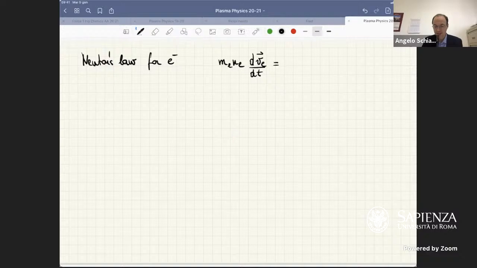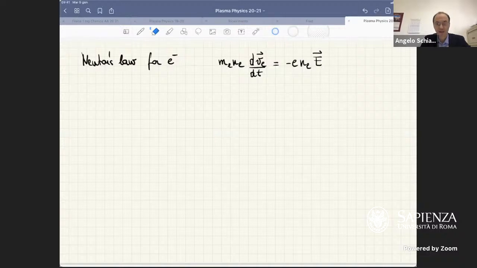So on the other side of Newton's law, we have the forces acting on this small lump of electrons. And this is going to be the Coulomb force: the charge of the electrons times the electron density, so this is the represented lump of charge. And on that, we have the electric field, where for the moment we can just drop this index here.